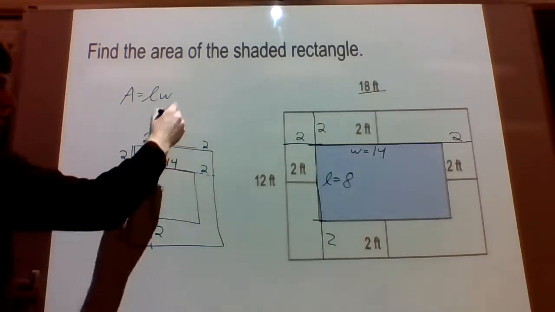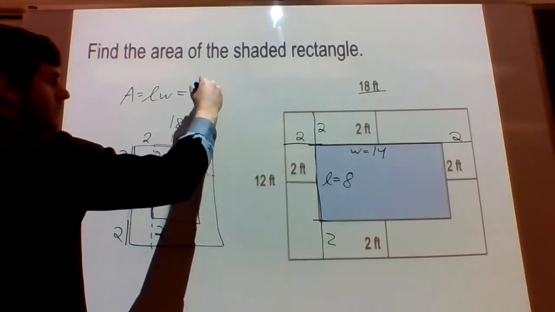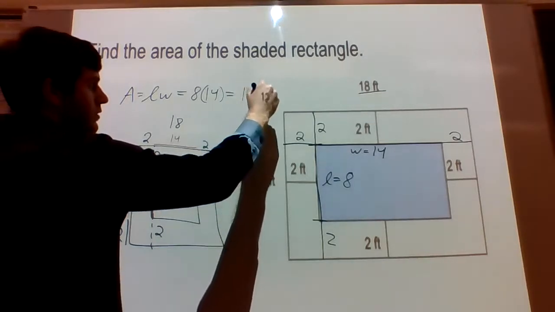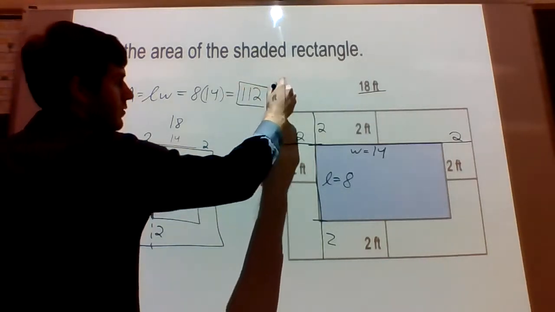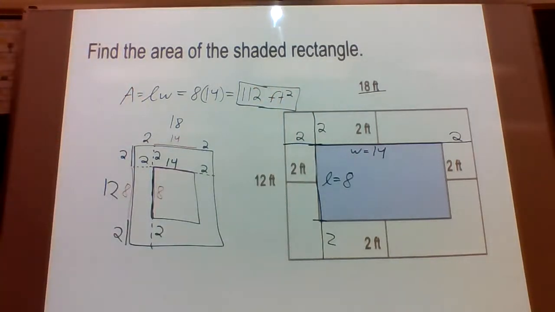So if our length and width are 8 and 14, we do 8 times 14, which is going to give us 112 feet squared. That's the area of the shaded rectangle.